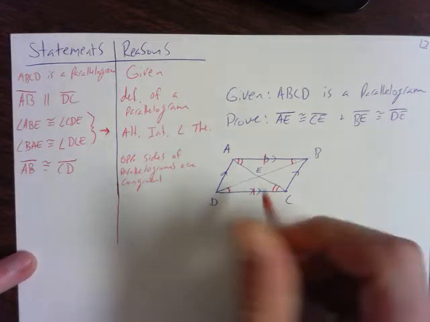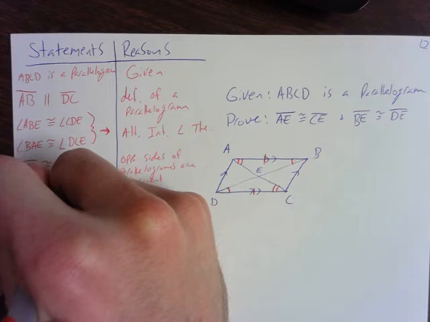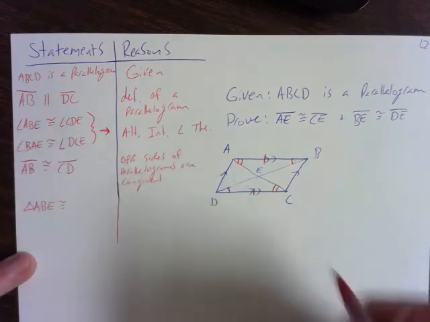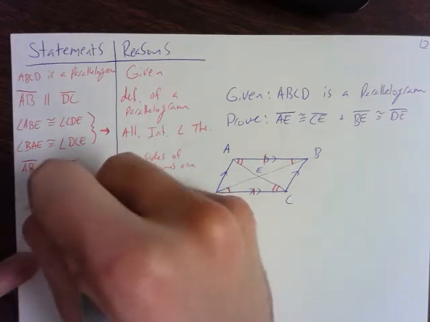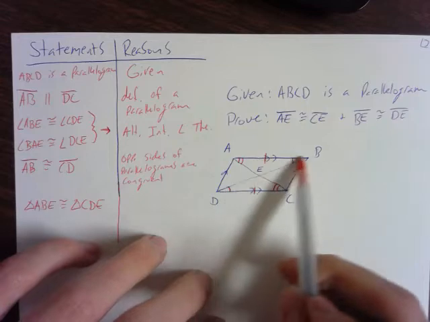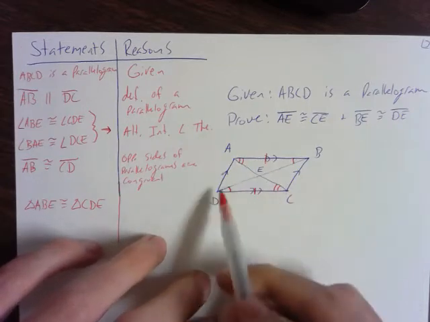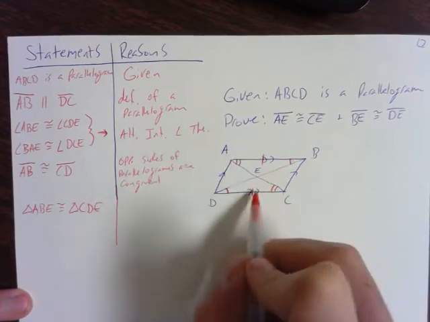I can say that triangle ABE is congruent to triangle CDE, because of angle, side, angle.